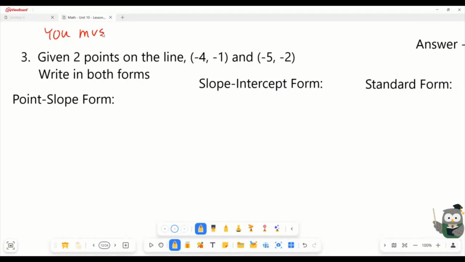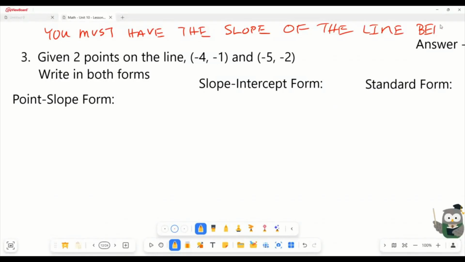You must have the slope of the line before you can write the equation. You must have the slope of the line before you can write the equation.